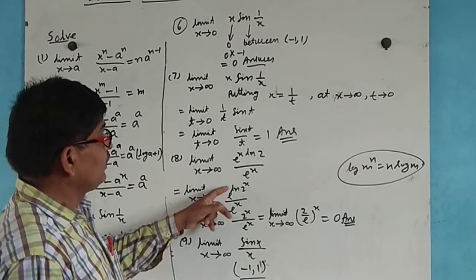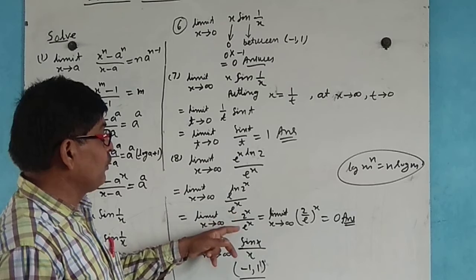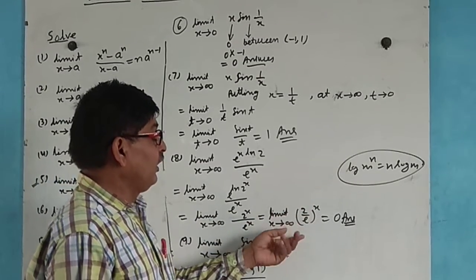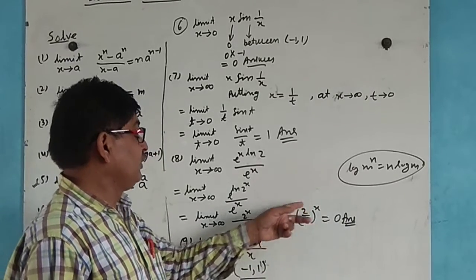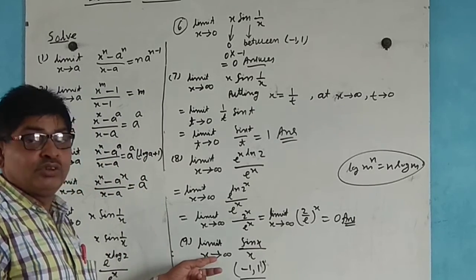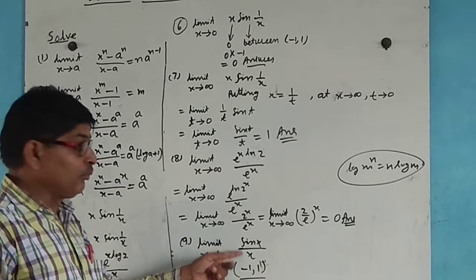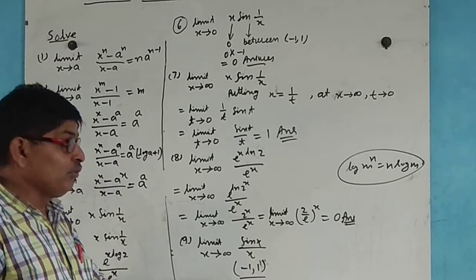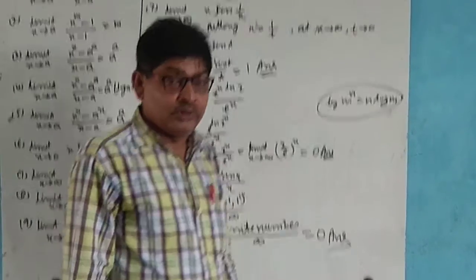Now this is removed because log and e are reciprocal, 2 to power x divided by e to power x, and if any number's power is infinity, that is equal to 0, and limit x tends to infinity, sin x by x, sin x is a finite number from -1 to 1, and x is infinity. If you divide any number by infinity, that is equal to 0.